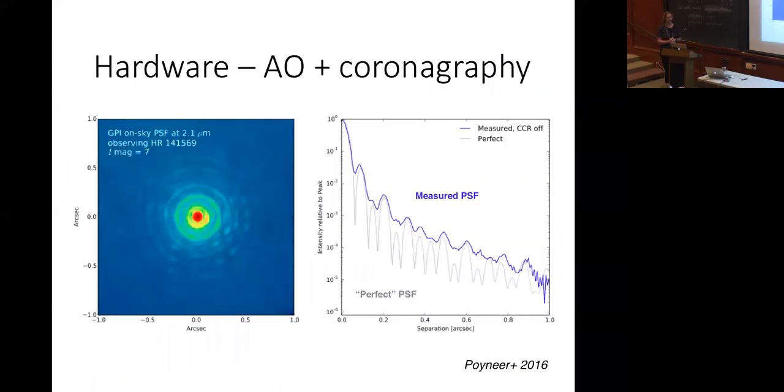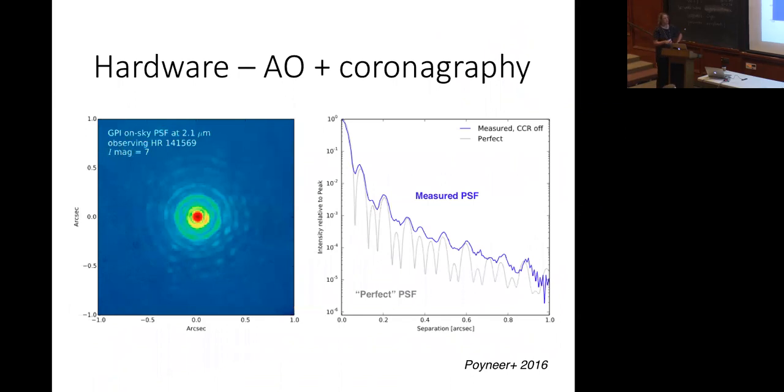Okay, to give a little summary of Jared's talk in one slide, what we do right now in terms of hardware is adaptive optics and coronagraphy. Here is the point spread function of the Gemini Planet Imager, unocculted, so no coronagraph.